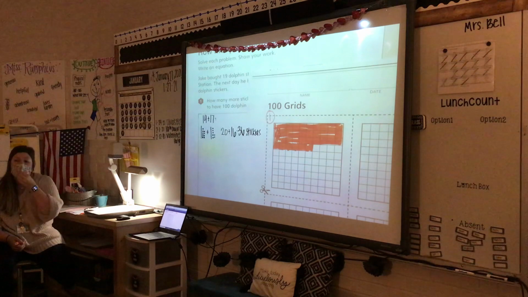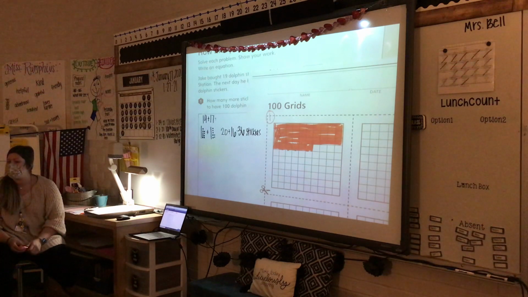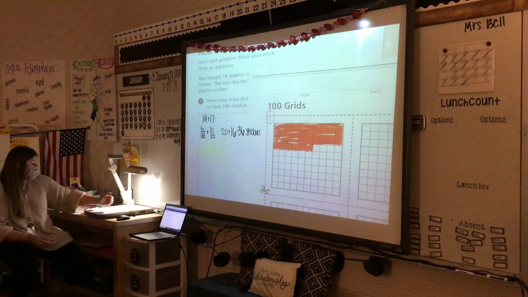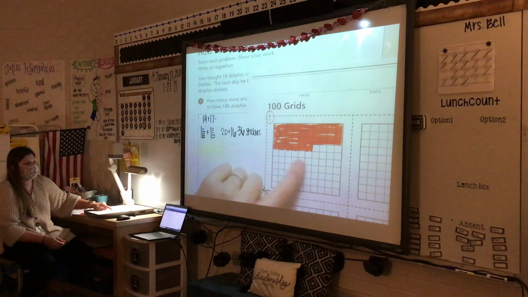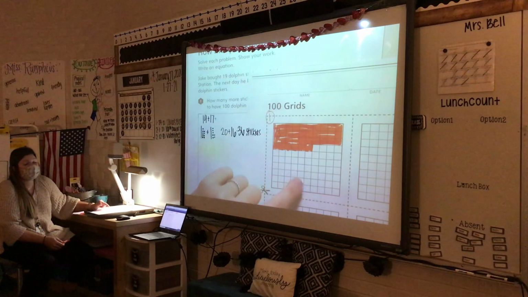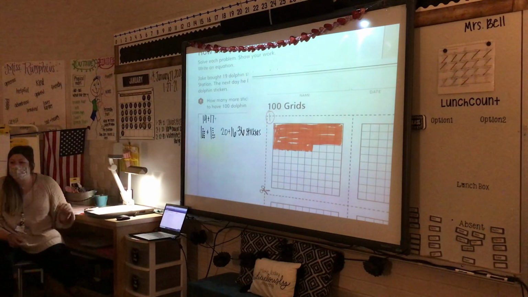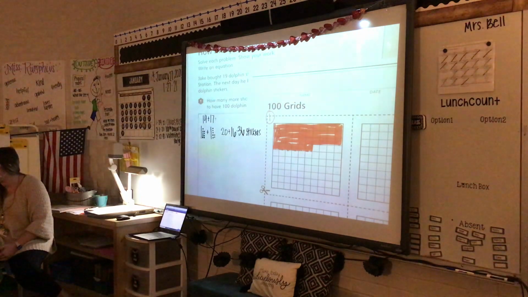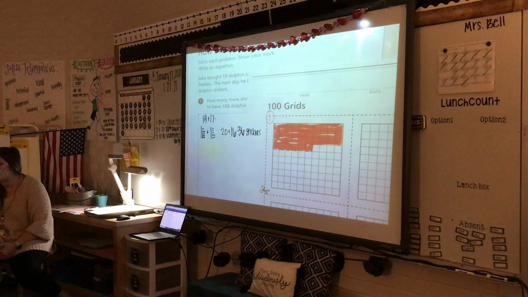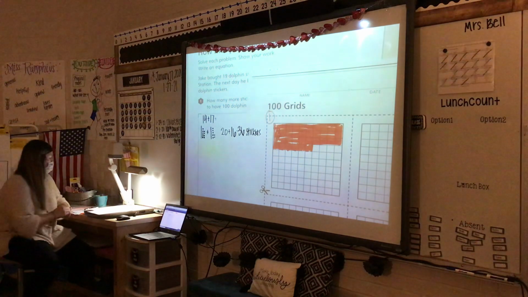Then, can I now tell how many more he needs to have 100? Yes, because it shows he has 36 and then these blank squares are how many more he needs to have 100. So once you get done coloring that in, can you go ahead and add and see how many more he needs and write that on your paper?